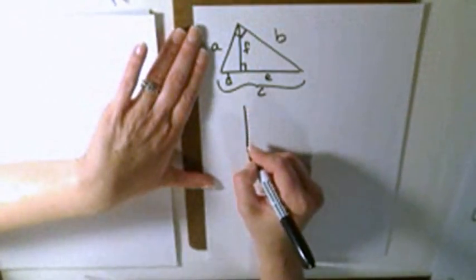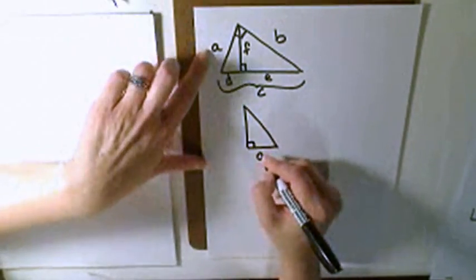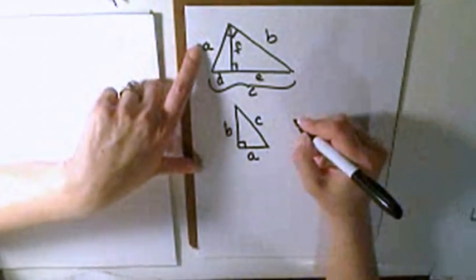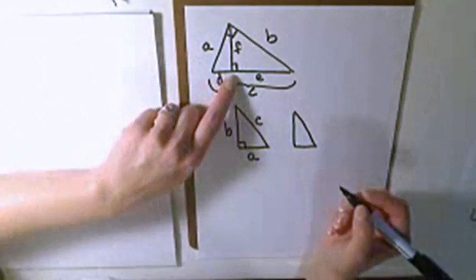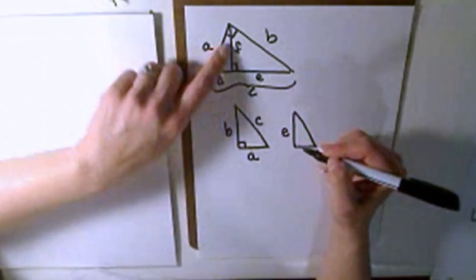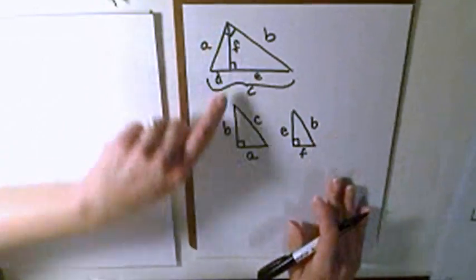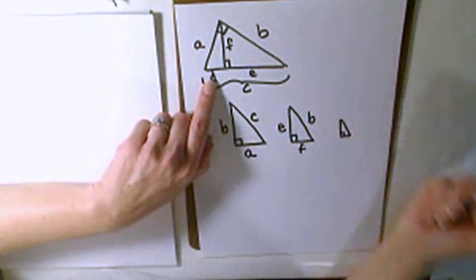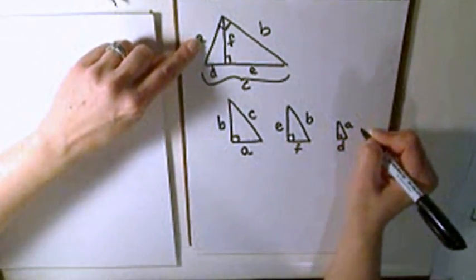We have the big one, which has a short leg of A, a long leg of B, a hypotenuse of C. We have the medium one, which has a long leg of E, a short leg of F, and a hypotenuse of B. And then the baby one, short leg of D, hypotenuse of A, long leg of F.